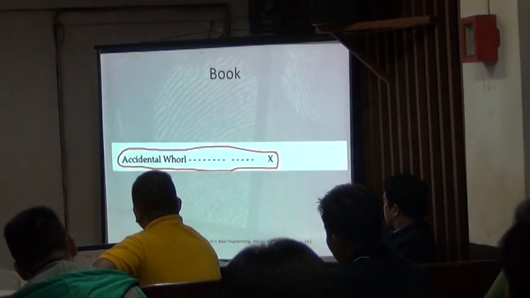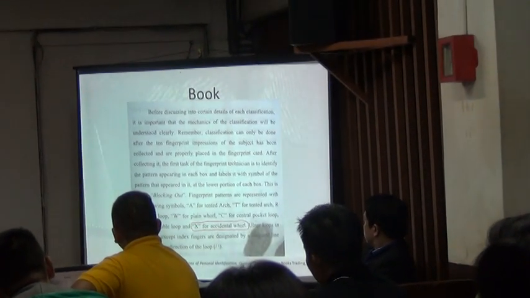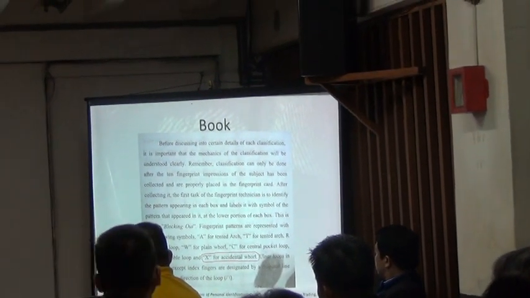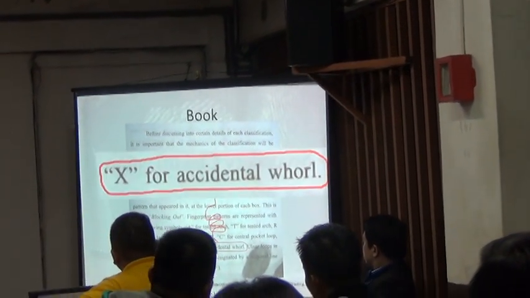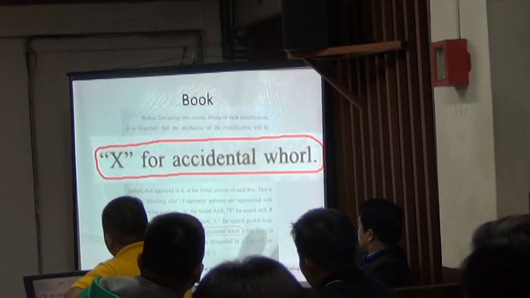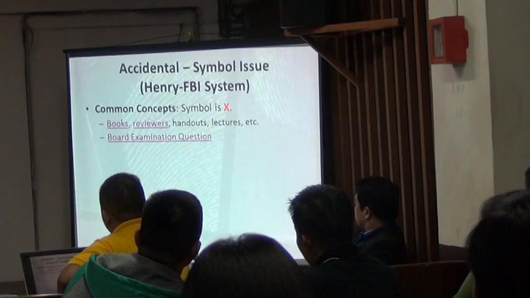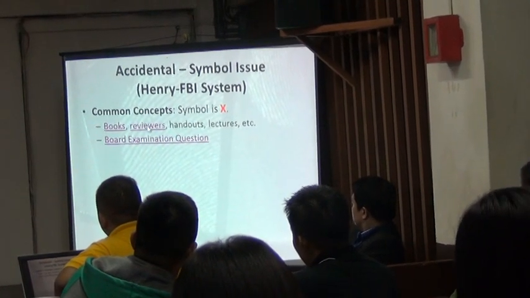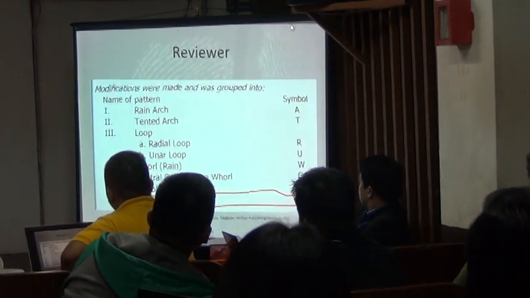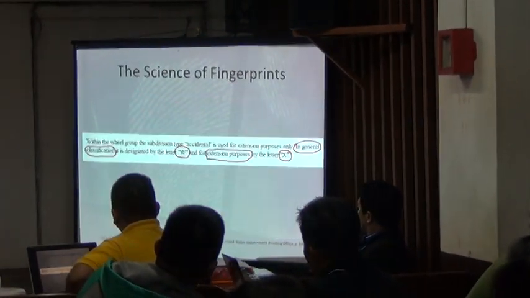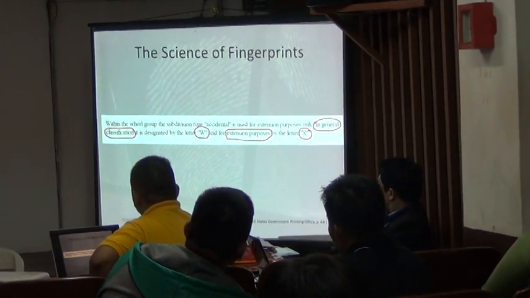Another, sir? Another author, another book from another author. Still, the symbol is X for accidental. In the reviewer, same accidental word X. Yes, sir.